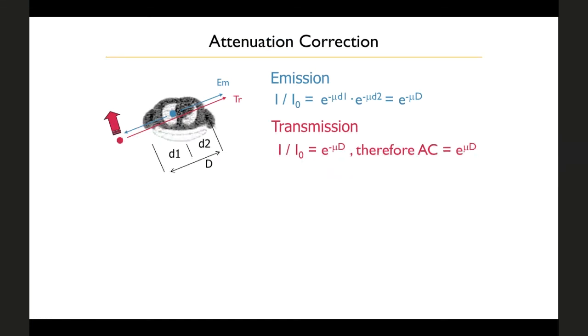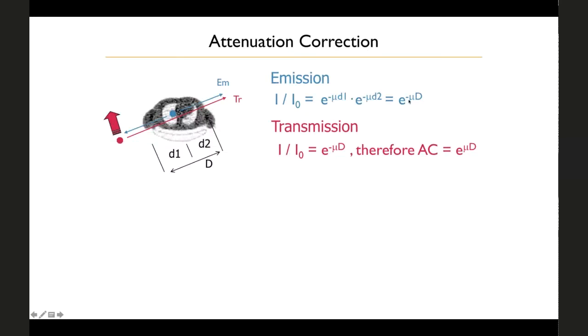But it's not sufficient for one of our photons to make it. We need that pair of photons to make it. So actually, the overall reduction in the pair of photons is both factors, the factor for going distance 1 and the factor from going distance 2.